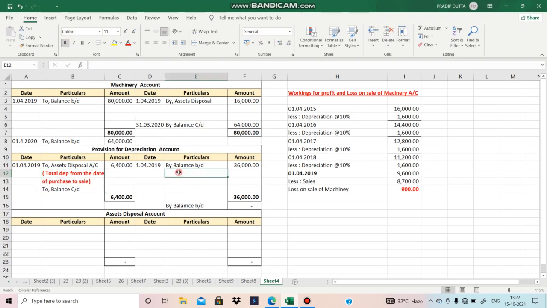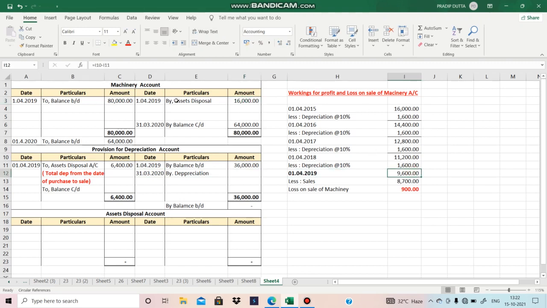Now one thing also we have to do: the depreciation for the current year, at the end of the year, that is on 31st March 2020. So what is the depreciation? Simple, easy, a straight line method, and the 16,000 machine was sold at the beginning of the year, 1st April 2019.